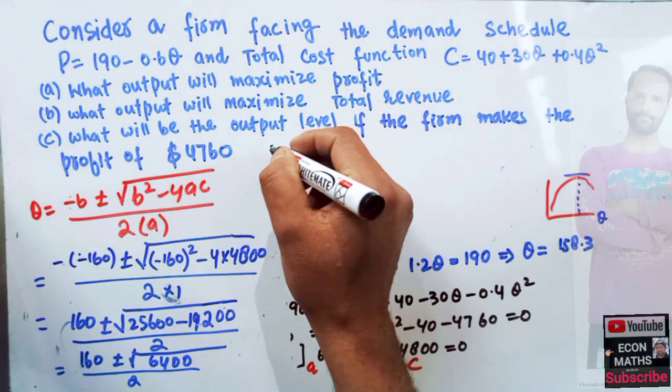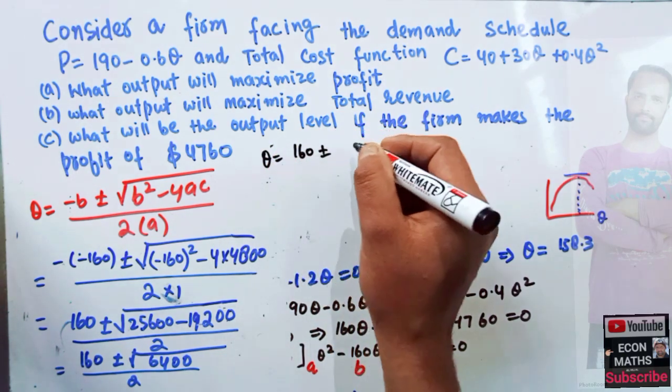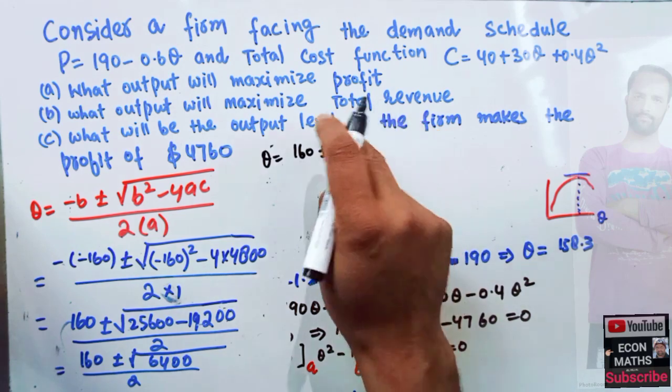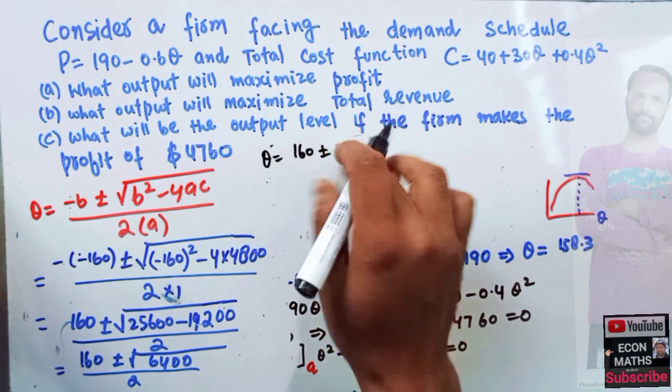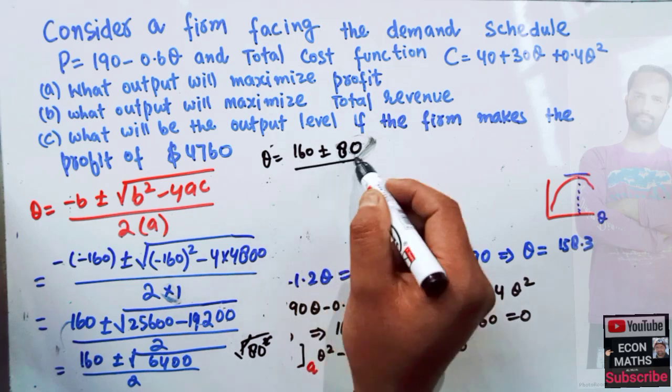So we get q equal to 160 plus minus 80, because it's a perfect square, 80 square is 6400, divided by 2.